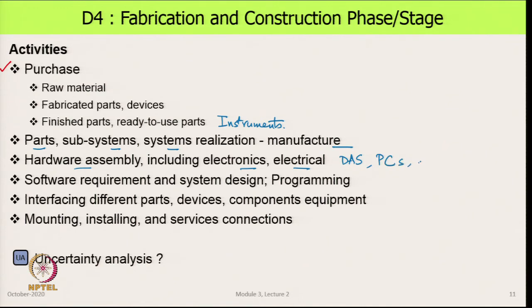The software data collection requires a program to run it and control it. So, we have to develop the software requirement as to what it is supposed to do, and we come out with a system design document for the electronics. With these, we are ready to do the programming of the entire data acquisition system.